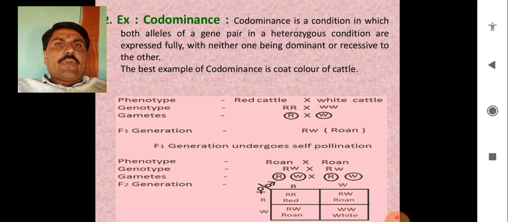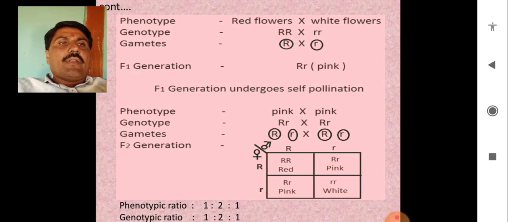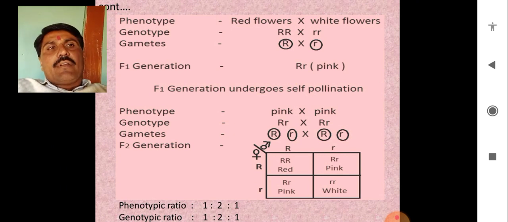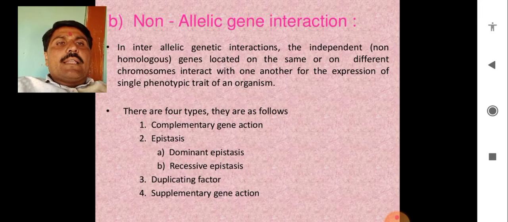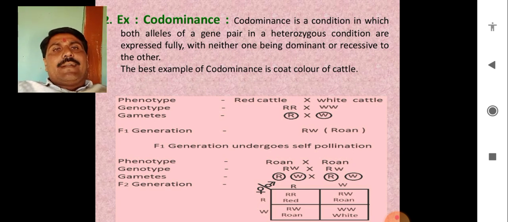The new one we got there. What did we get there? A new one, the roan one. As we saw in incomplete dominance of Mirabilis jalapa, from the red flower as well as the white flower we got pink. In the same way, what we saw in codominance was a new color appearing, that is the roan one.